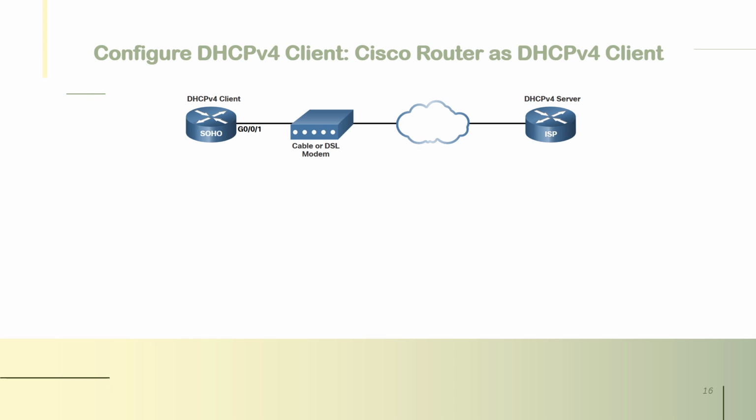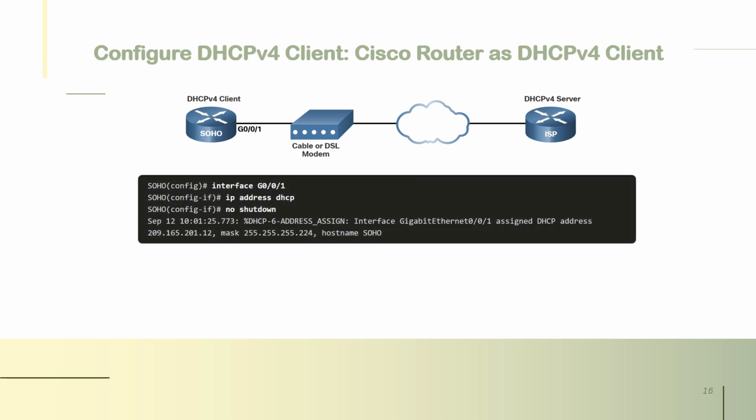This interface is configured with the ip address dhcp command, which means that to configure an Ethernet interface as a DHCP client, we use the ip address dhcp interface configuration mode command as shown here in this example. So we will go to the interface and use the ip address dhcp command followed by no shutdown. This configuration assumes that the internet service provider has been configured to provide selected customers with IPv4 addressing.